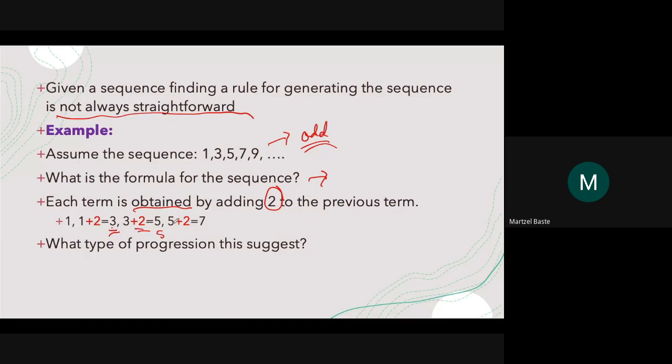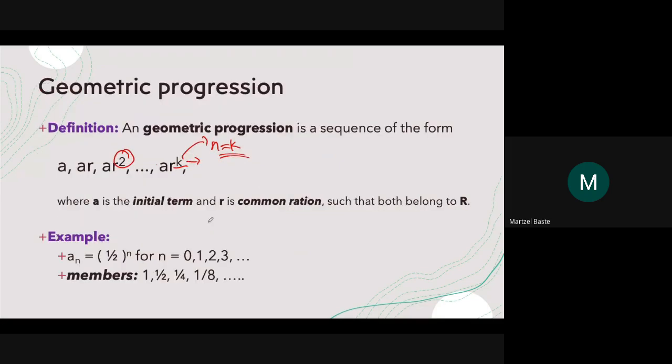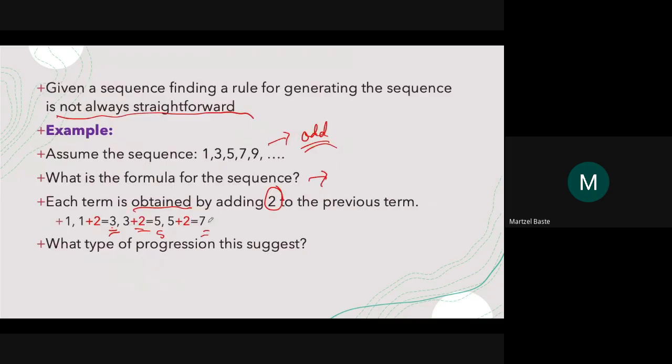And then 5 plus 2 will result to 7. So the question there is what type of progression this suggests. Unsa kaya siya? Geometric progression or arithmetic progression? What type of progression does this suggest to generate this number sequence?